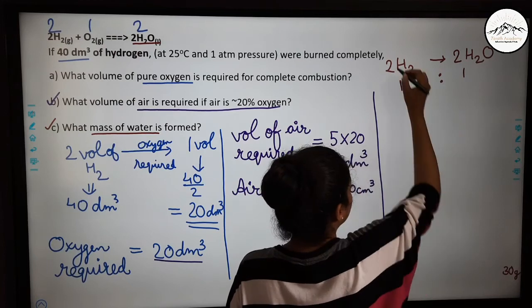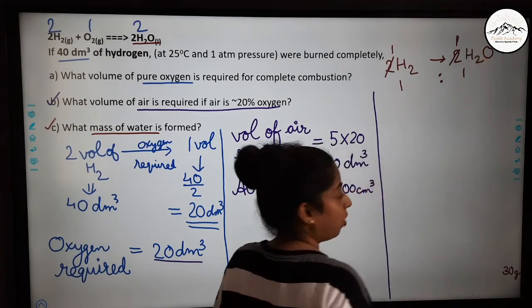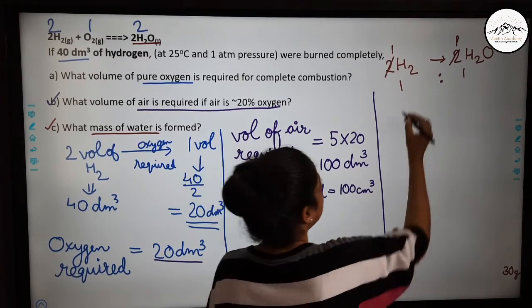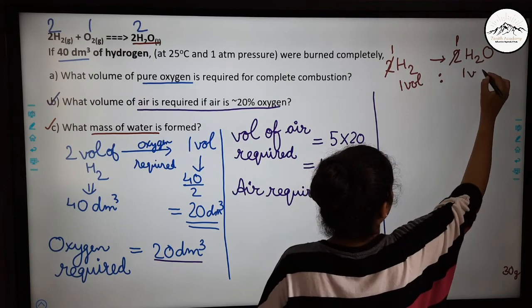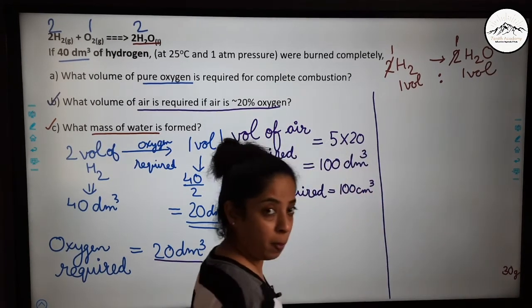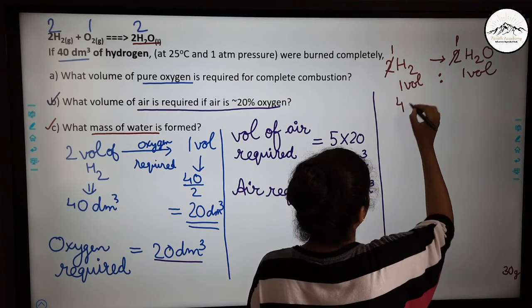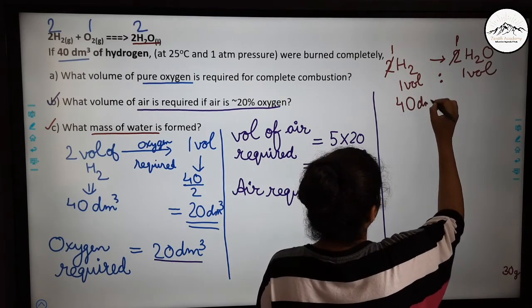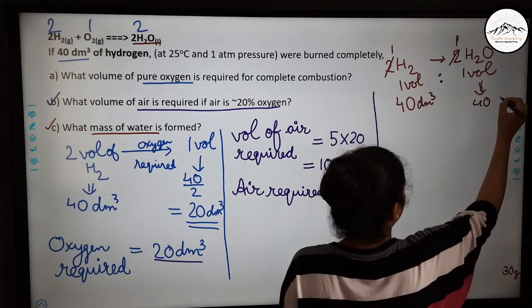So I can say that 1 mole of hydrogen is giving 1 mole of water, or 1 volume of hydrogen is required to produce 1 volume of water. Okay. So we know that volume of hydrogen was 40 decimeter cube. So water will be also 40 decimeter cube.